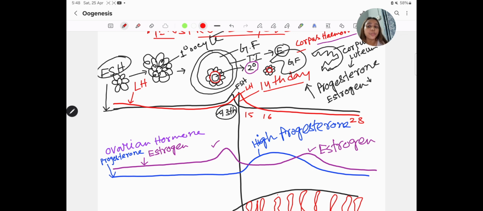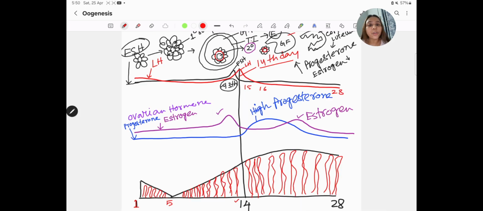So you have to first develop the Graafian follicle, then the secondary oocyte will be released from that Graafian follicle, and then it will produce the corpus luteum, and then there will be a rise of progesterone hormone. So if there is no progesterone, there is no endometrial layer. And this secondary oocyte released from the Graafian follicle is now waiting for sperm to fertilize it, right?